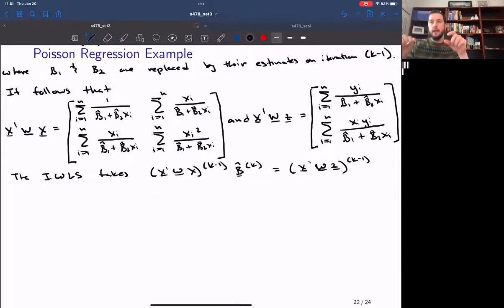Right, so you can see now from the form of X transpose W X and X transpose W Z what I meant before when I was saying these are updating based off the current iteration.